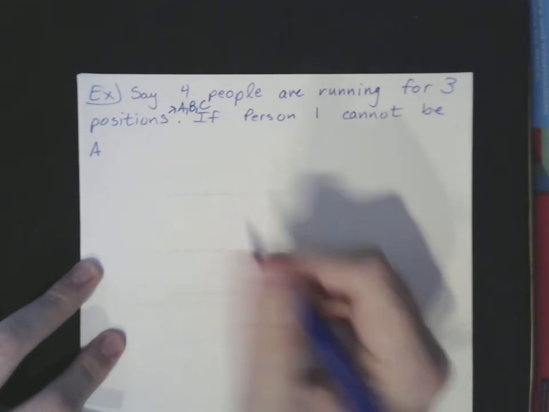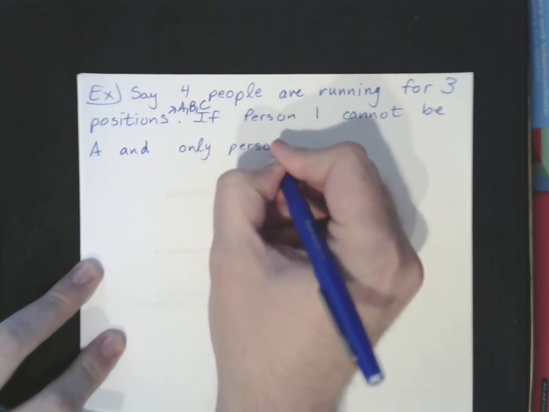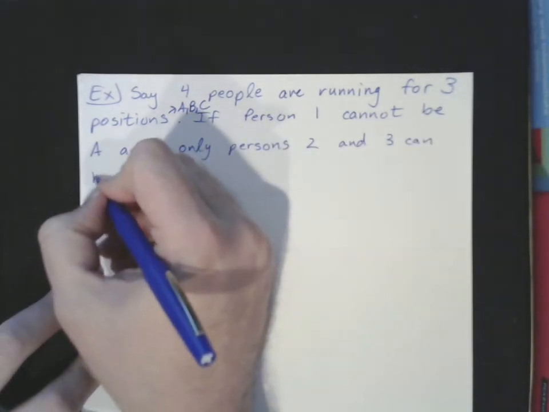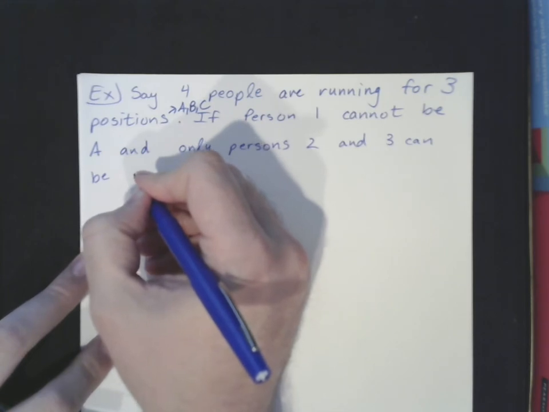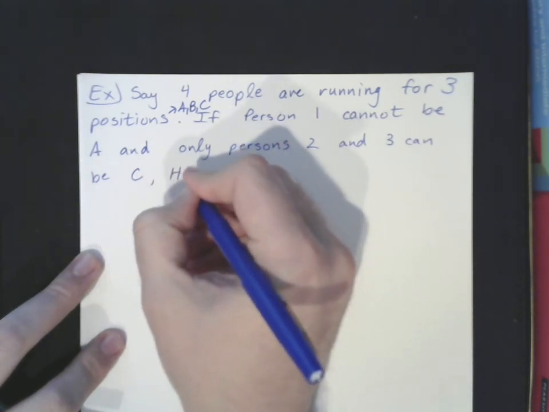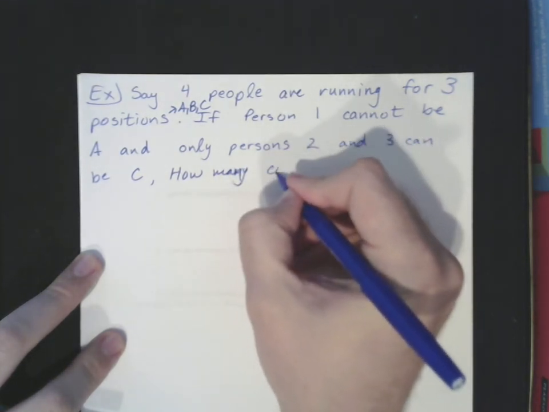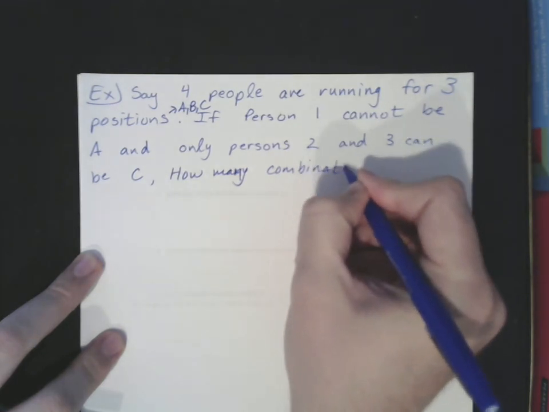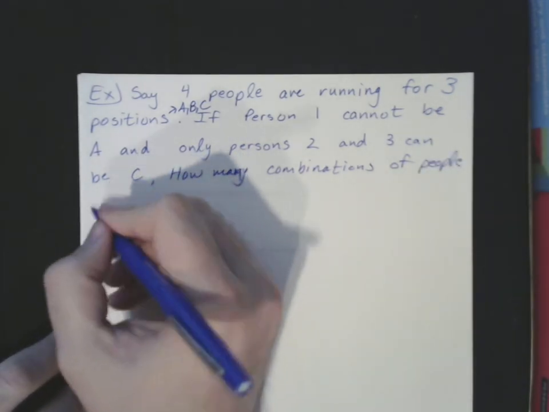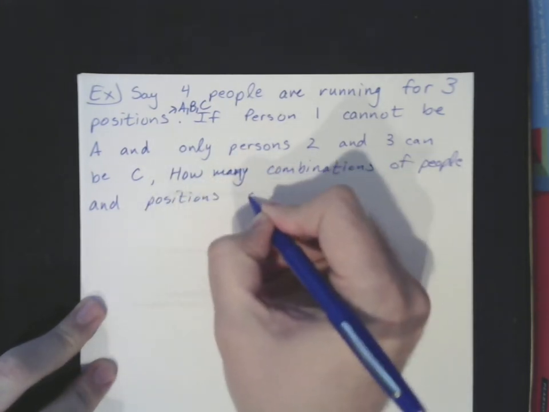So if person 1 cannot be A, and only persons 2 and 3 can be C, how many combinations of people and positions are there?